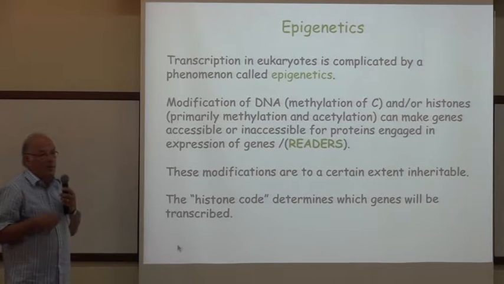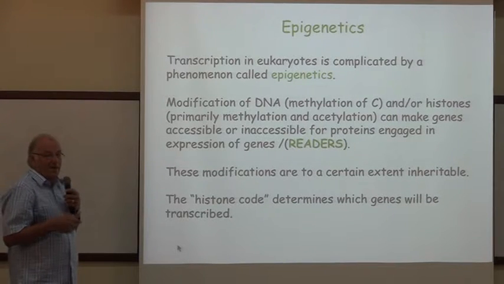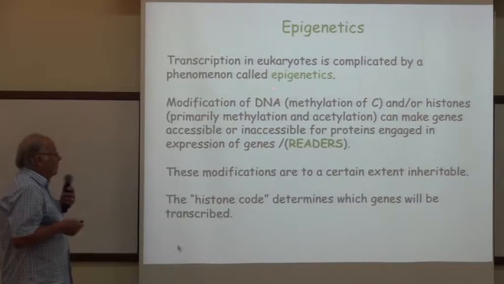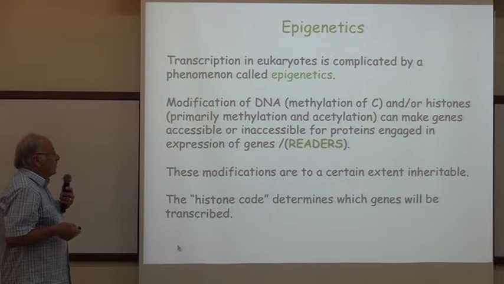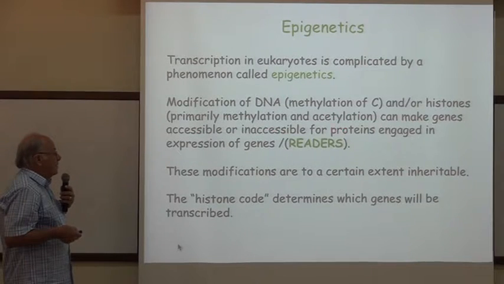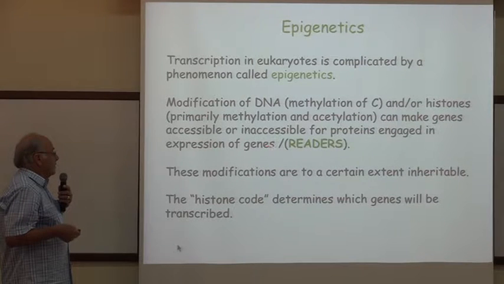And actually, there are a number of other modifications of histones, but we cannot, in a short lecture, go through them all. But these modifications make the genes accessible or inaccessible for proteins engaged in the expression of genes.